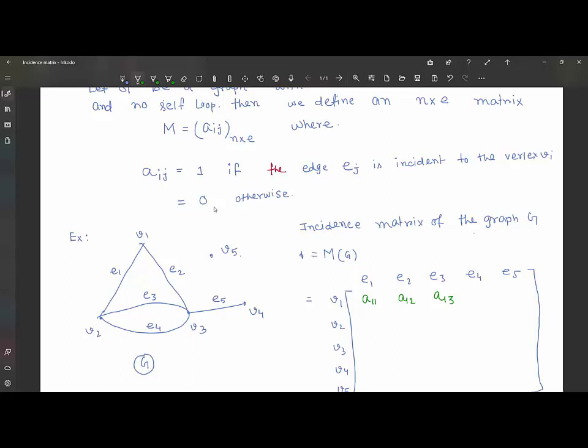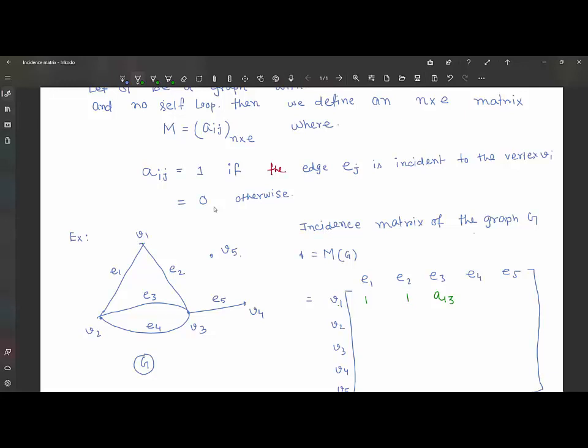Obviously E1 is incident to V1, so we put 1. Second, for the 1 2 element, if the edge E2 is incident to the vertex V1 — E2 is also incident to V1 — you can put here 1.